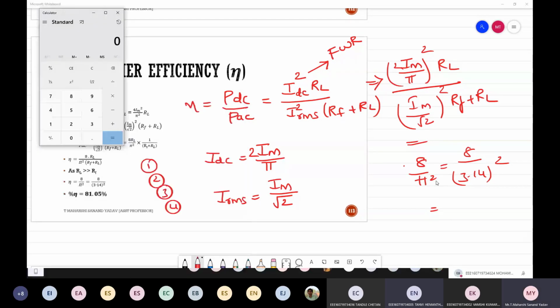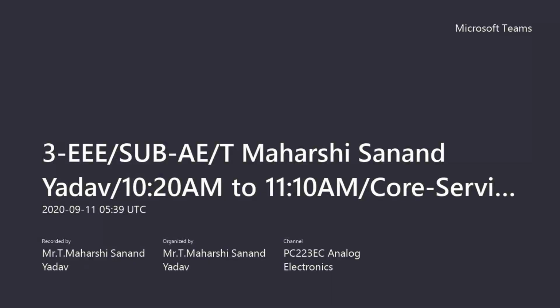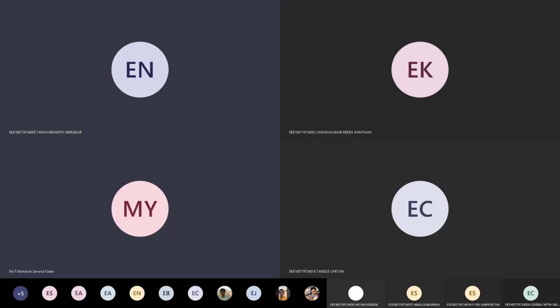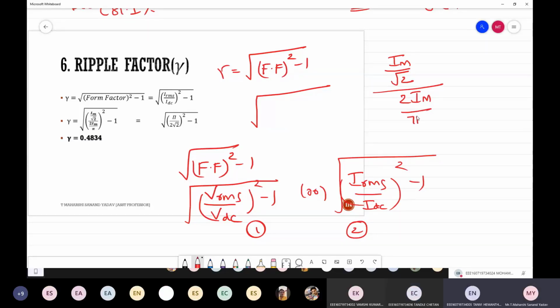I'll show it here, 8.11. IRMS is IM by root 2. IDC is 2 IM by pi, whole square, minus 1. You solve this and tell me.